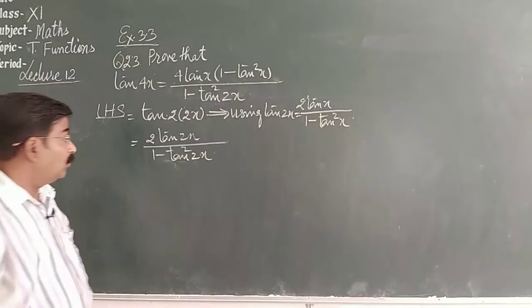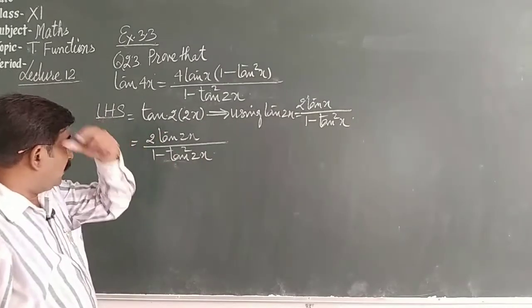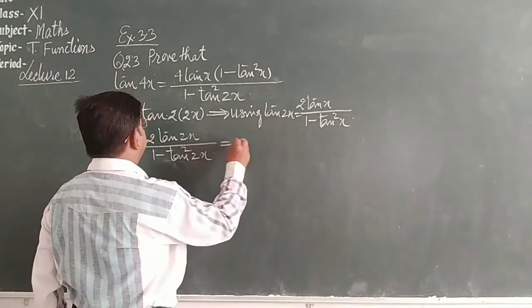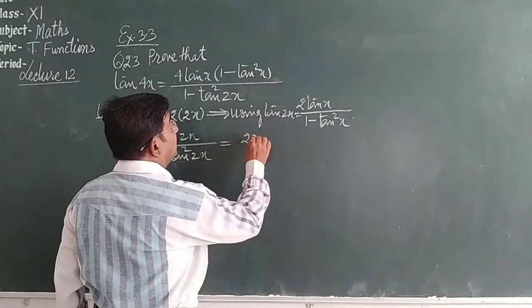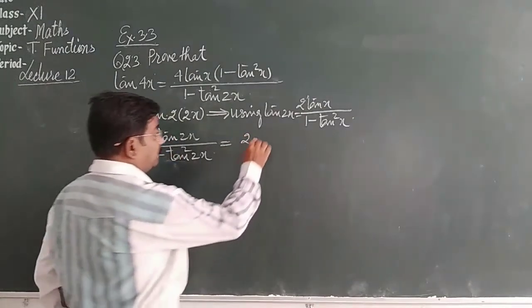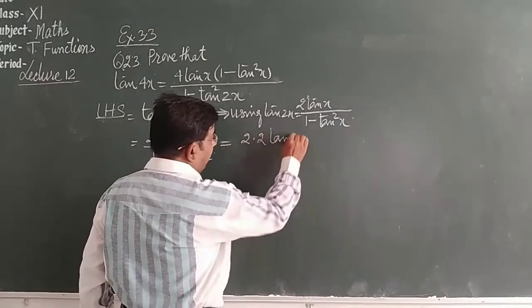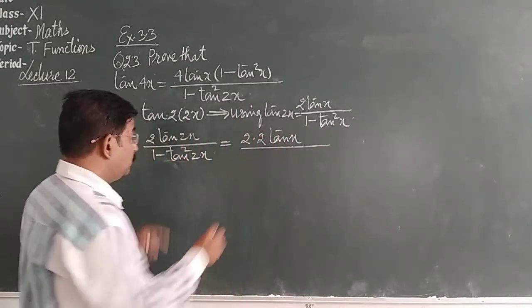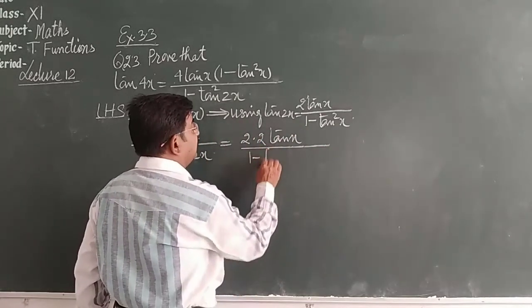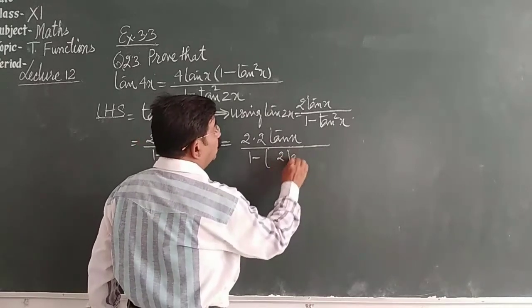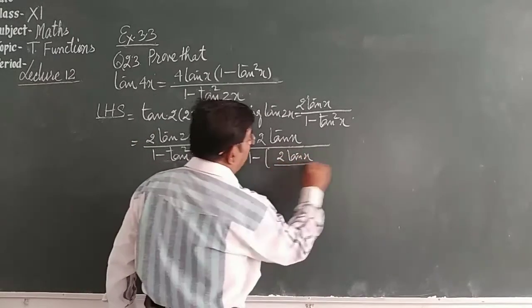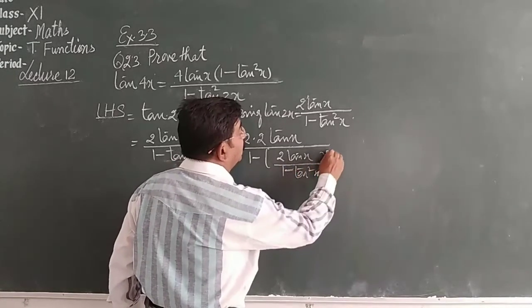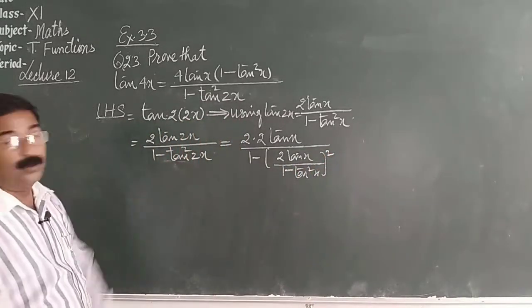Got it? Now again write the value of tan 2x. So we have is equal to 2 times tan 2x, 2 tan x upon 1 minus, this is 2 tan x upon 1 minus tan square x whole square, because it is tan square 2x.